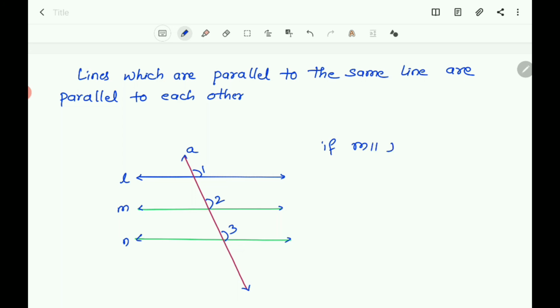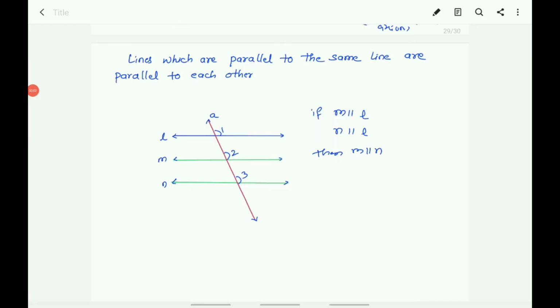M parallel to L and N parallel to L, then M is also parallel to N. Lines M and N are parallel to the same line L. Therefore, the lines M and N are parallel to each other. So what you concluded here? Lines which are parallel to the same line are parallel to each other.